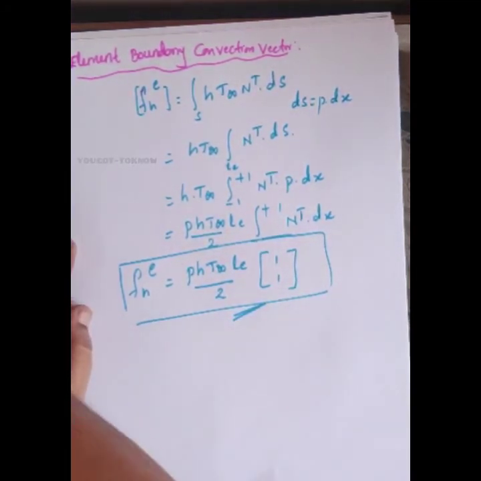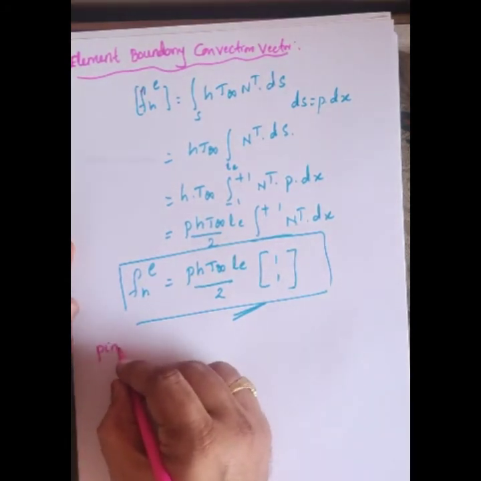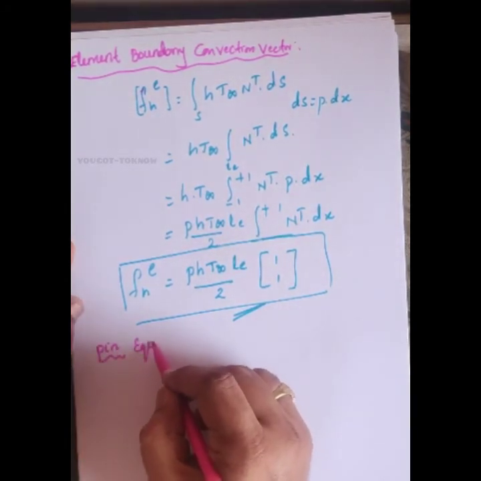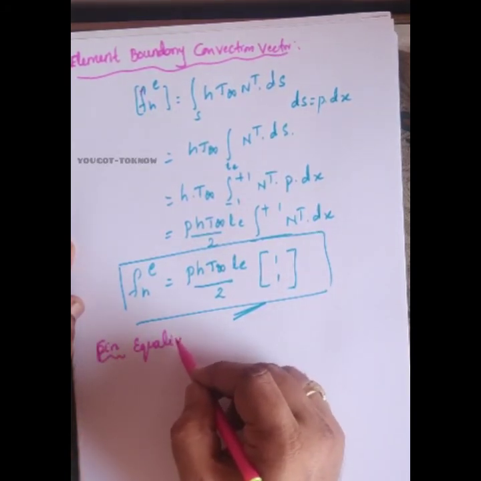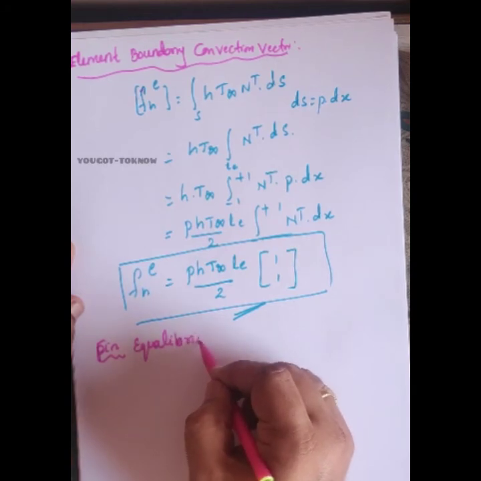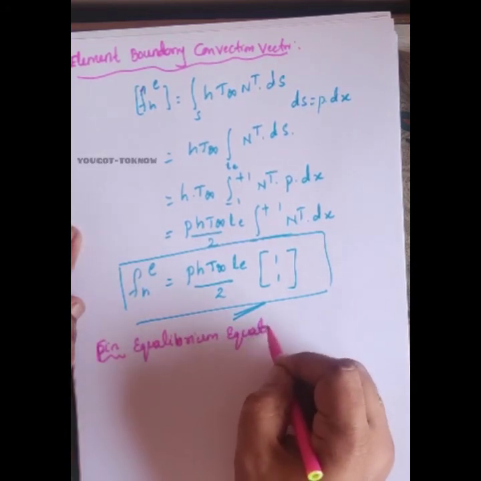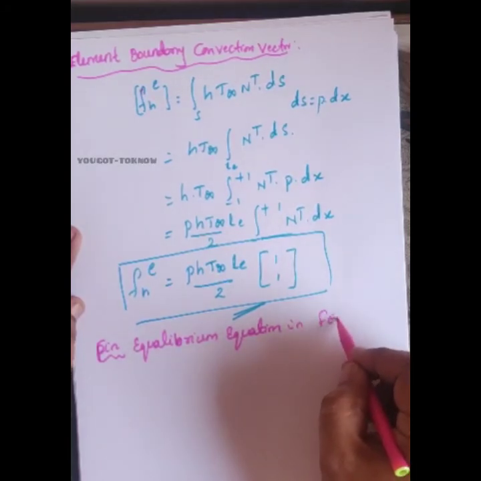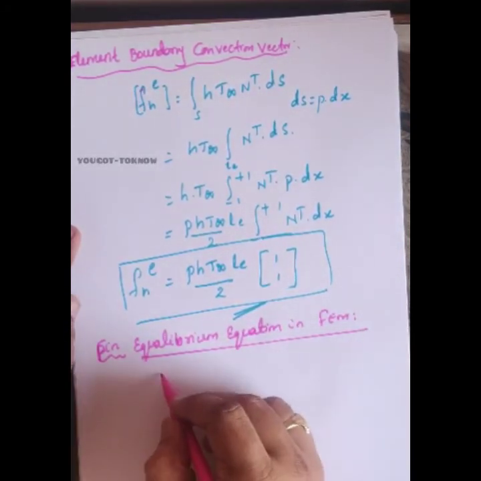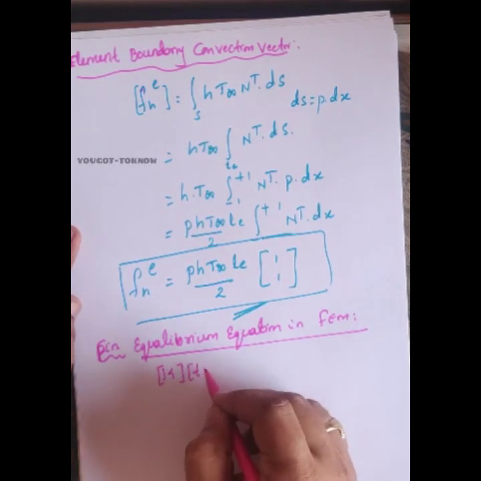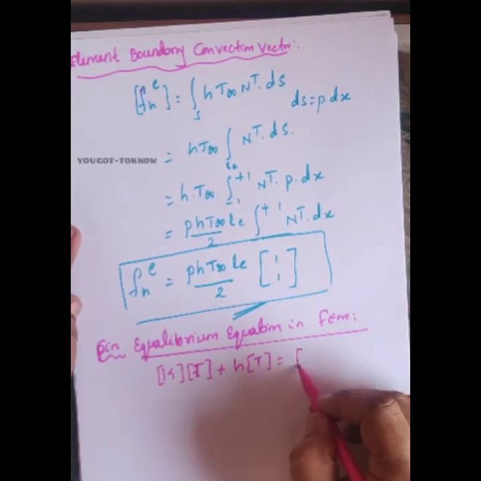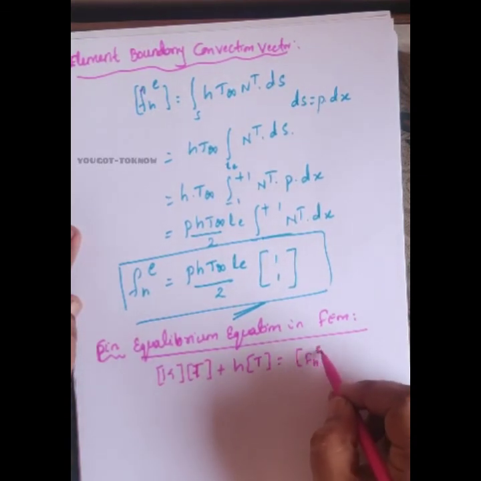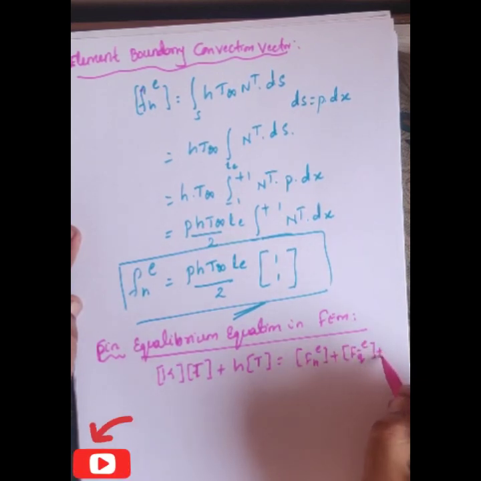That means if I want to consider the fin equilibrium equation in FEM, we have to consider one term as K into T plus H into T, equals on this side f_h^e plus f_q bar^e plus f_Q^e.